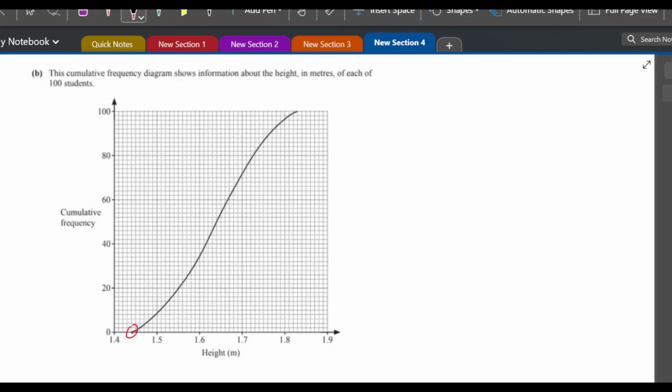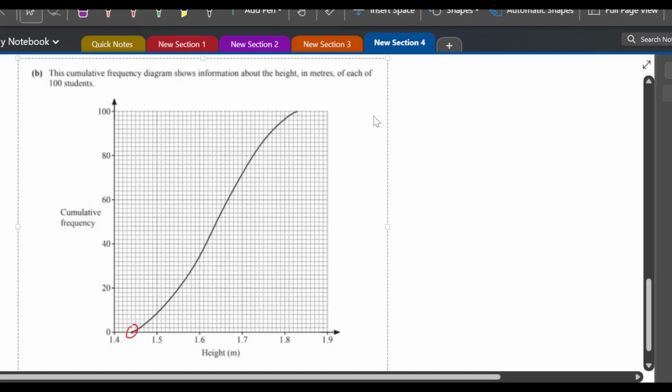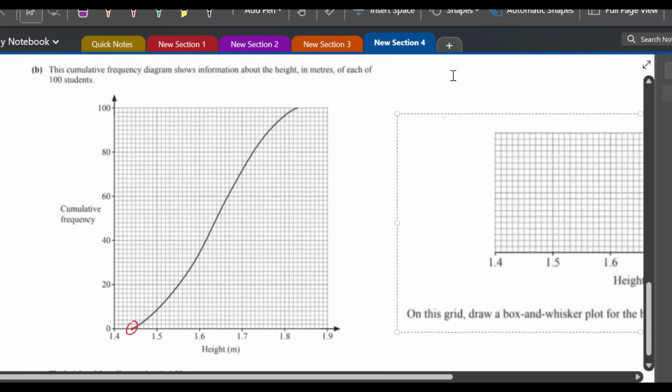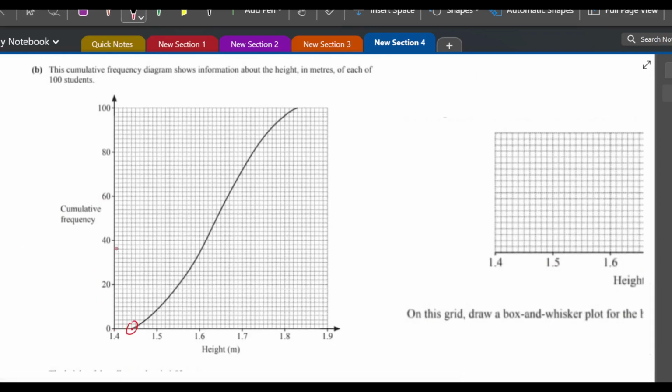Only half the question is here, the rest is here. It's simple. If you have to find the median, see, total frequency is 100. So half of 100 is what? 50. So you simply mark 50 over here and draw a straight line like this, and then from here draw a vertical line like this, and whatever value you get, say you get 1.63, so 1.63 will be your median.